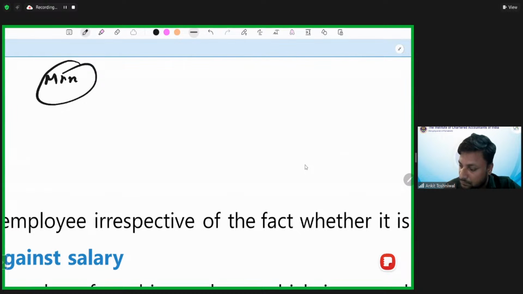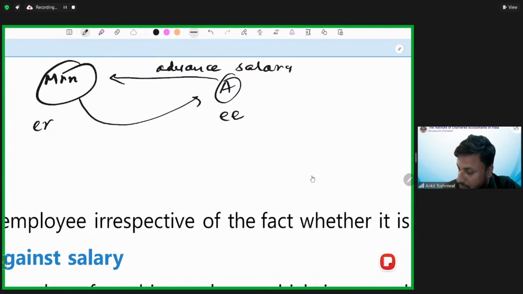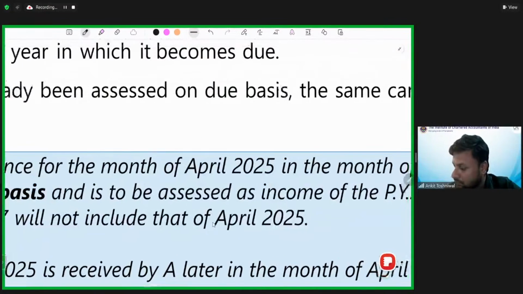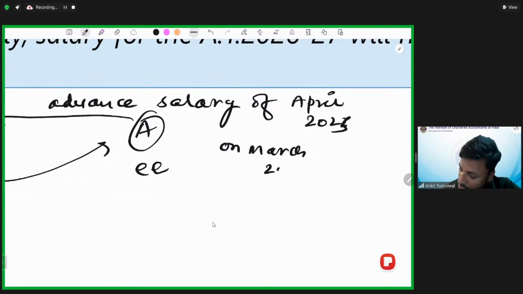Mr. X, Mr. A, employer, employee. Okay. Mr. A receives advance salary of April 2025 on March 2025.